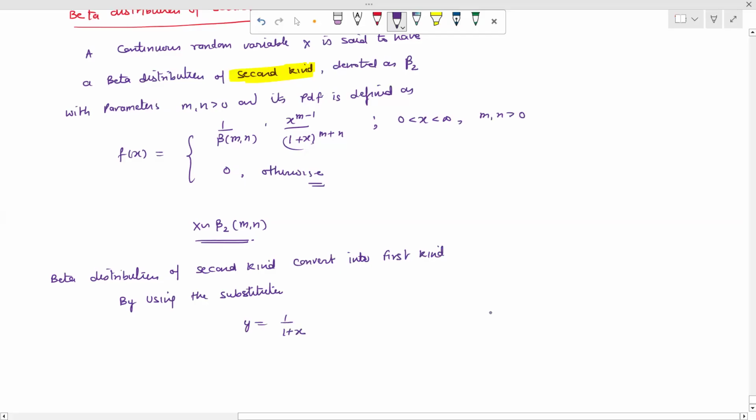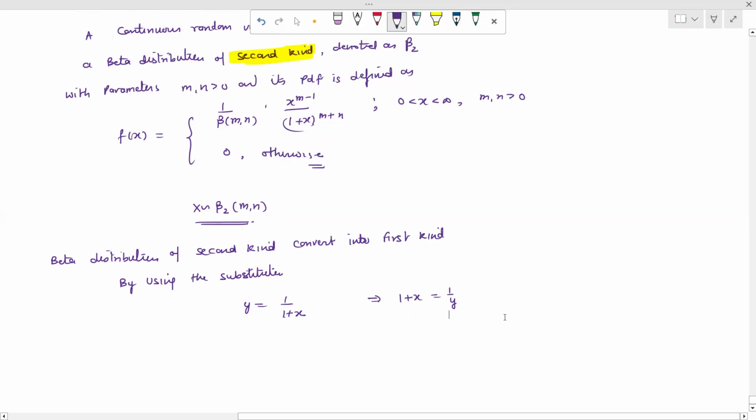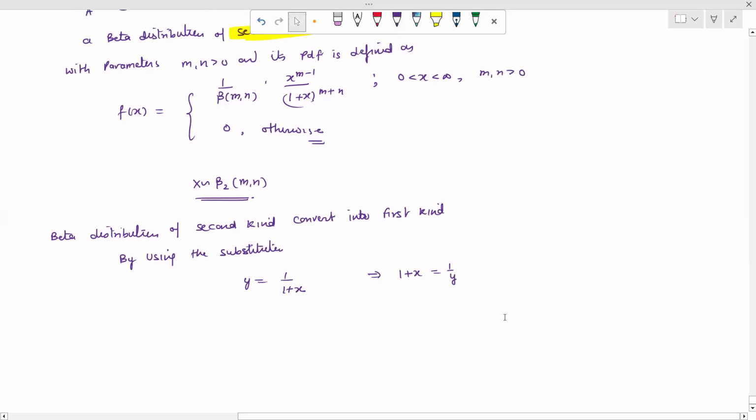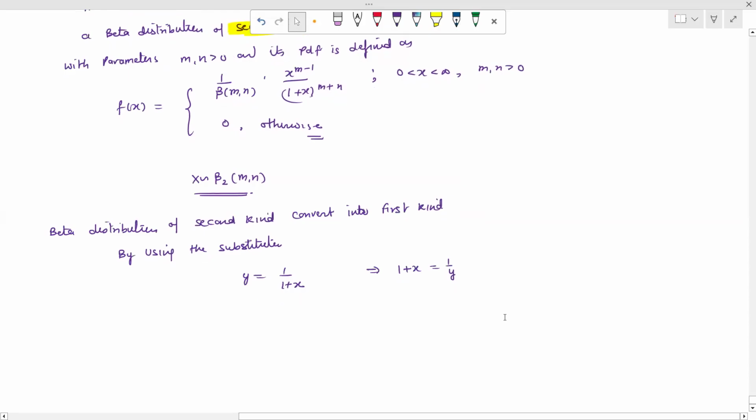So this gives us 1 plus x is equal to 1 upon y. So this is second kind converted into the form of first kind by using this substitution. So we can write y is equal to 1 upon 1 plus x.